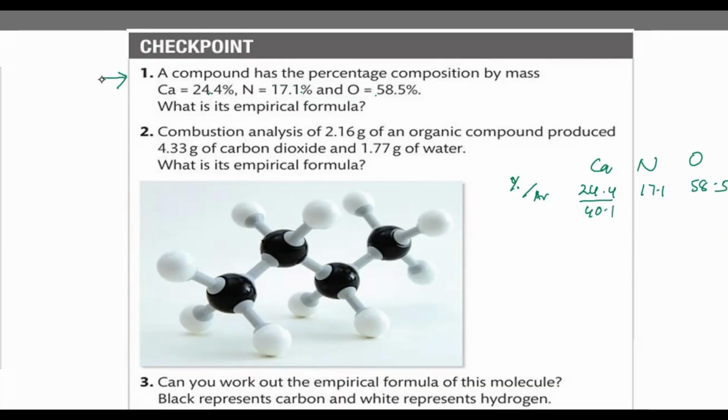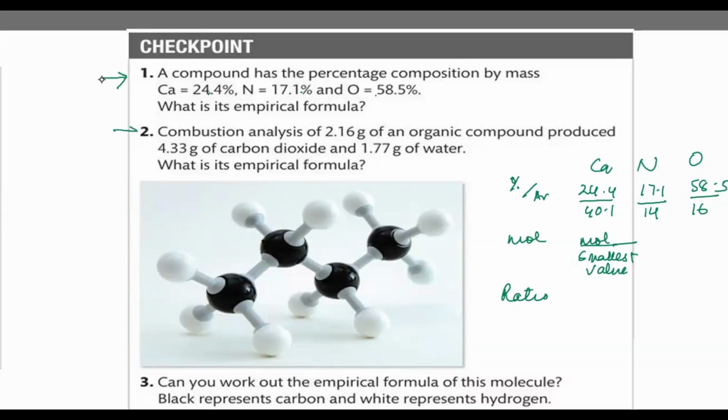That's 40.1, as far as I remember, this is 14 and this is 16. When you divide, you'll get the moles, and then you divide by the smallest value of moles in order to get the ratio. These are the steps.